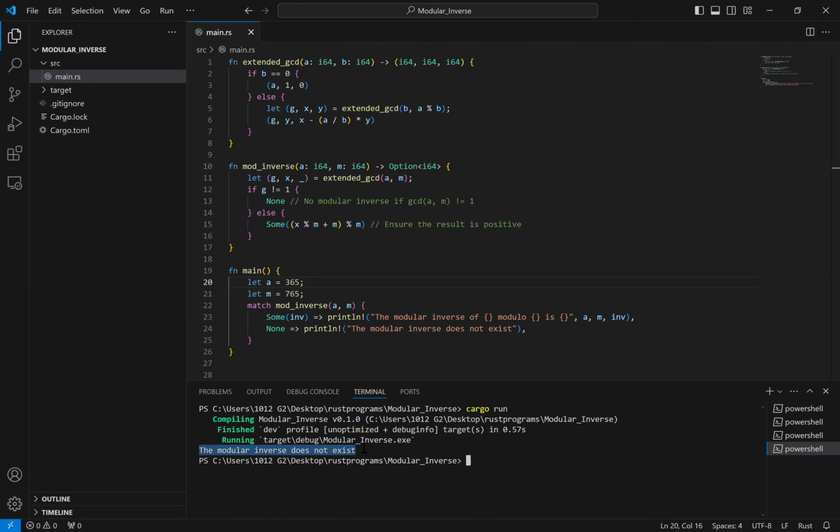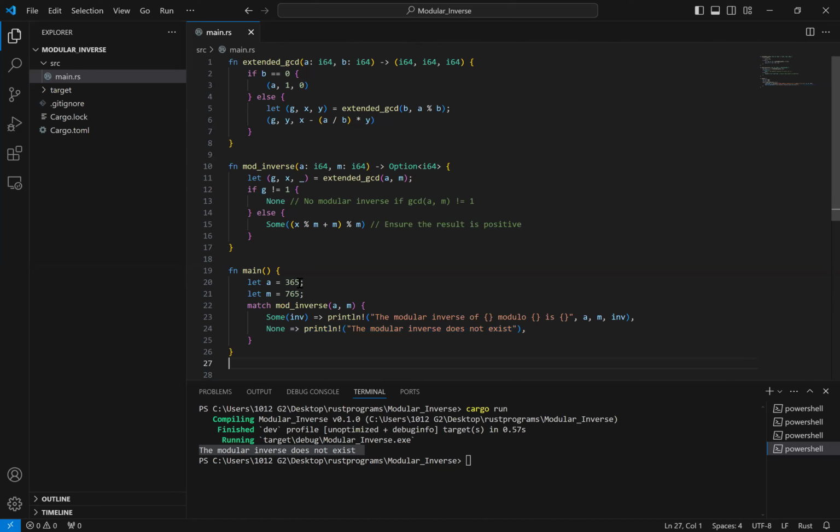It has written here, the modular inverse does not exist, because it has noticed the numbers are not relatively prime. It went through the whole process, very fast, through the extended Euclidean algorithm, found the GCD, and discovered that the GCD was not one. At this point, if the GCD is not equal to one, it prints none, and so it prints that the modular inverse does not exist.